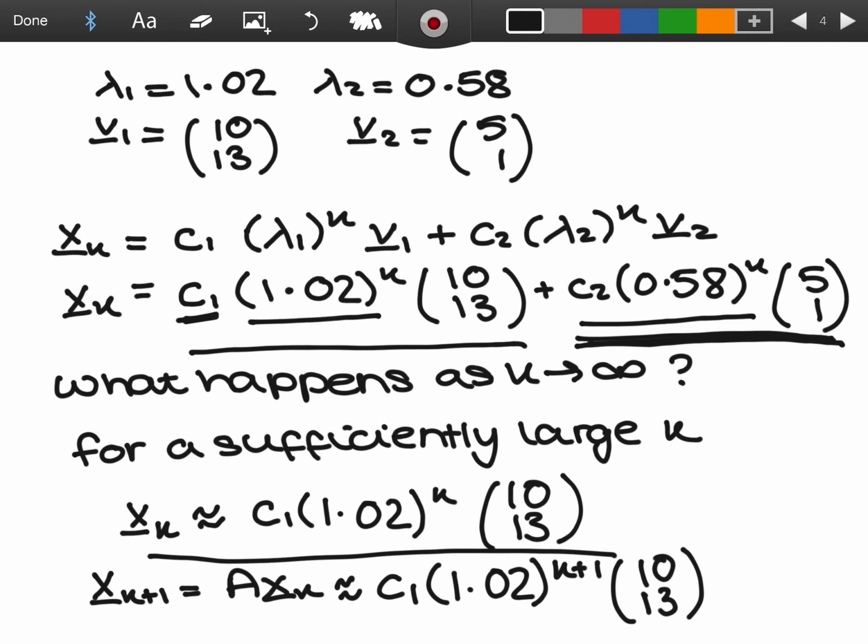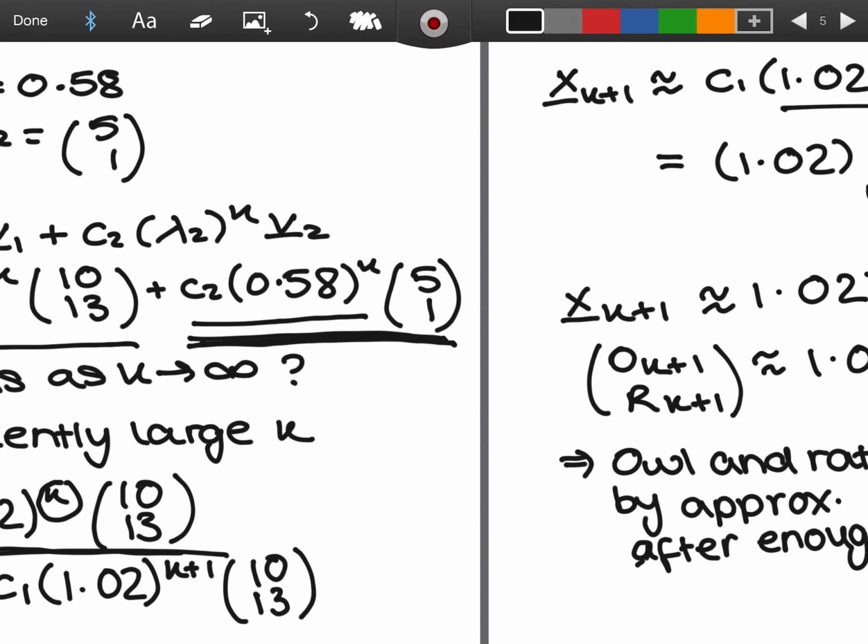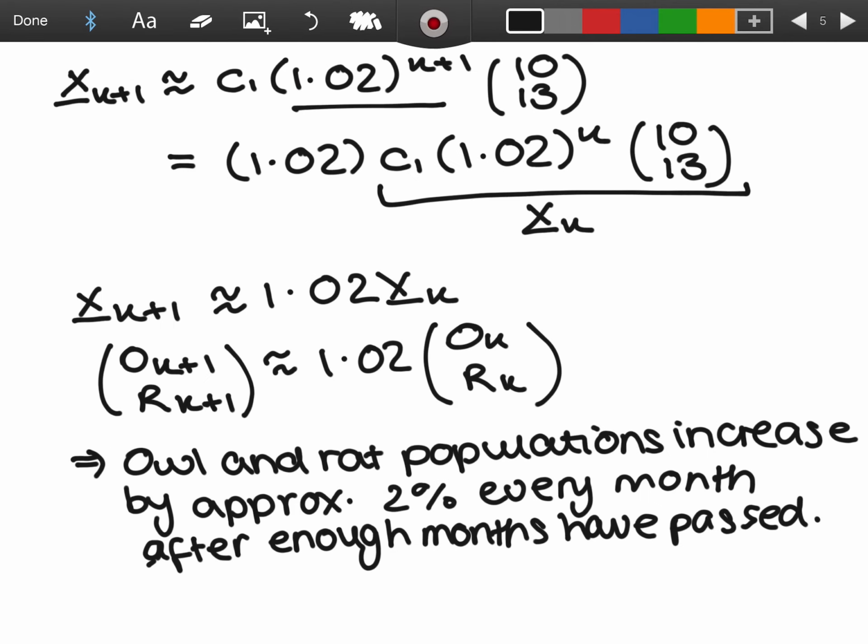So I know that the kth iteration for a sufficiently large k is going to tend towards this value, which means that when I look at my k plus 1 iteration, I can plug in k plus 1 to here, and that's going to give me this, which then means I can separate out 1.02 and then xk.